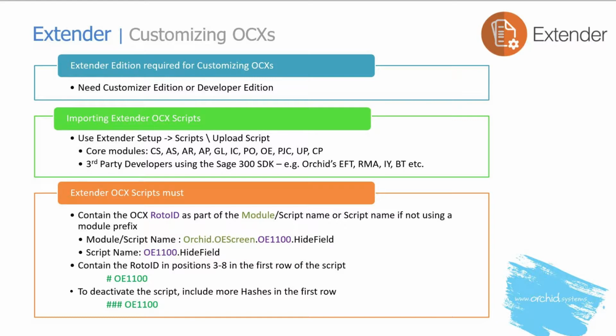For example, if your module was orchid.oe screen, and that was the prefix for all your scripts as part of that module, and you had a script called hide field, you'd need to put in OE1100 just before the script name hide field.